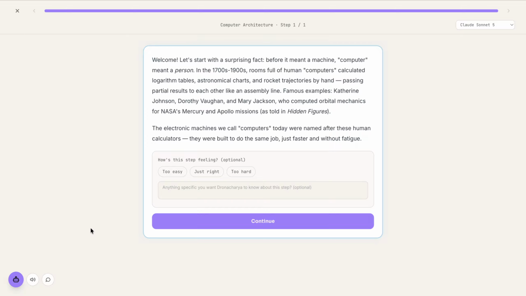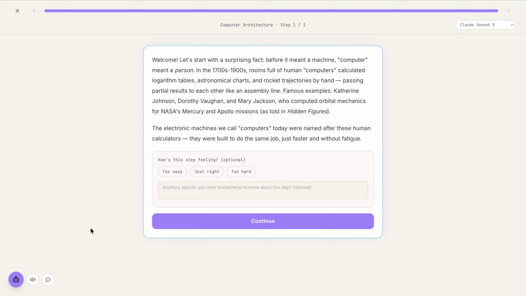Welcome. Let's start with a surprising fact. Before it meant a machine, computer meant a person. In the 1700s to 1900s, rooms full of human computers calculated logarithm tables, astronomical charts, and rocket trajectories by hand, passing partial results to each other like an assembly line.